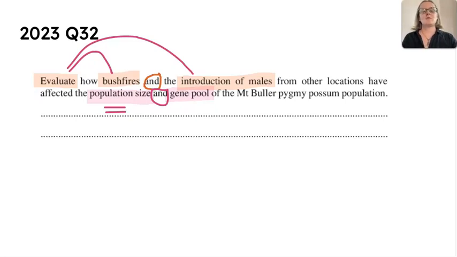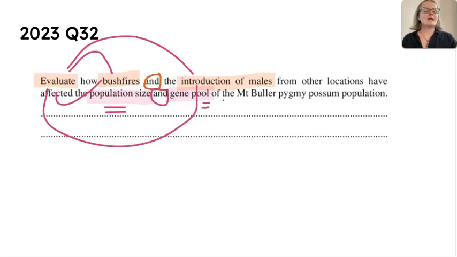And then if you talk about how the introduction of males affects the gene pool, and then how bushfires affect the gene pool, then you've got 4 things to talk about. So that's going to be at least 4 or 5 marks worth of your response.